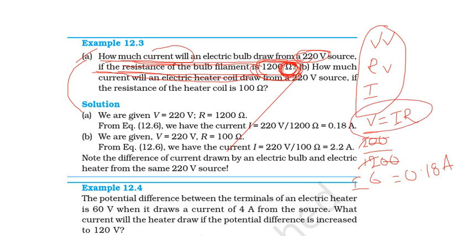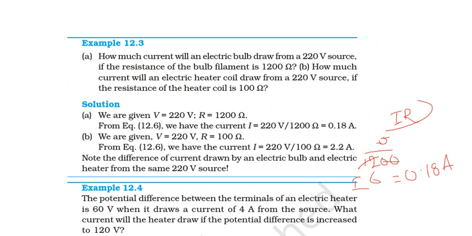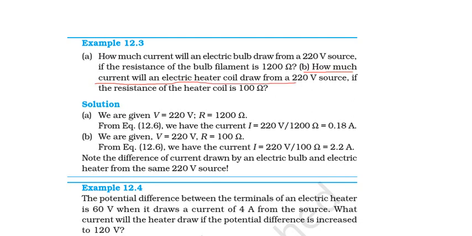Now go for the next. The next one: how much electric current will an electric heater coil draw from the same voltage source if the resistance of the heater coil is given?